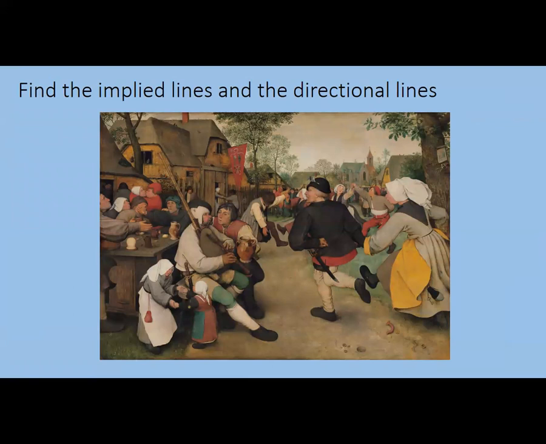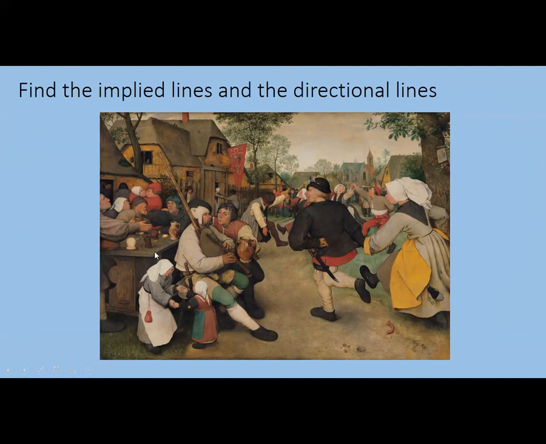We won't stop on this, but there's a lot of implied and a lot of directional lines in this, but I'm going to show you some directional lines. The edge of the tree starts here, it leads to the woman. The woman's arm creates a directional line that leads directly to this man.